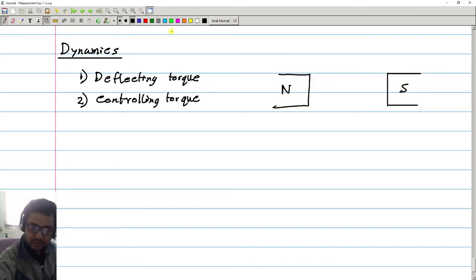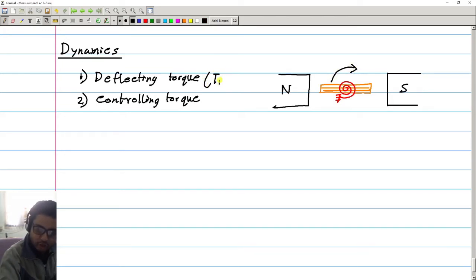Here we have the coil, and the spring, and suppose the deflecting torque is like this. Let me write TD in short, and then the controlling torque TC will act in the opposite direction.